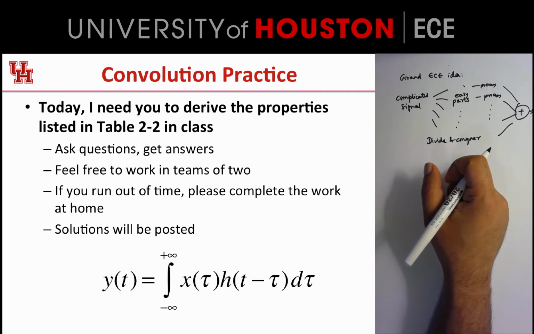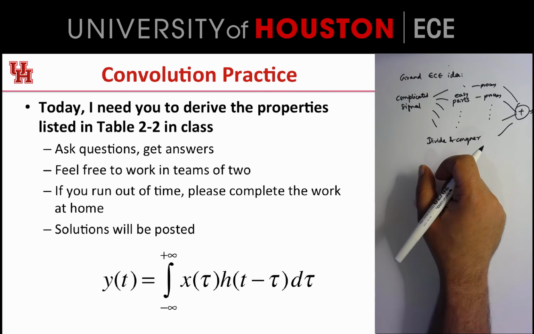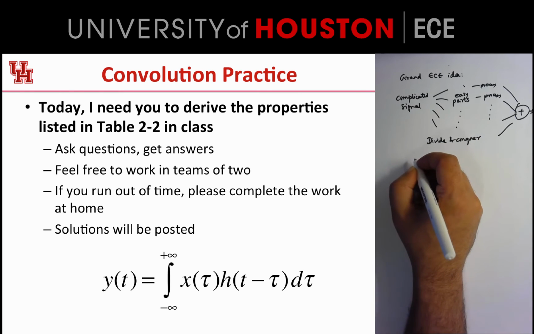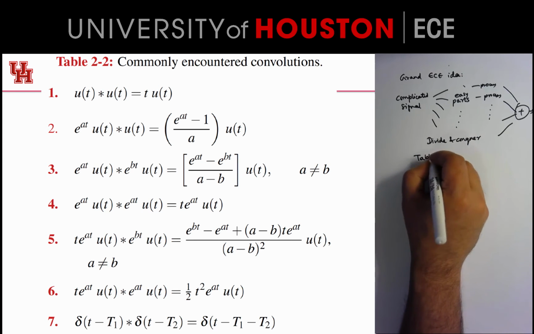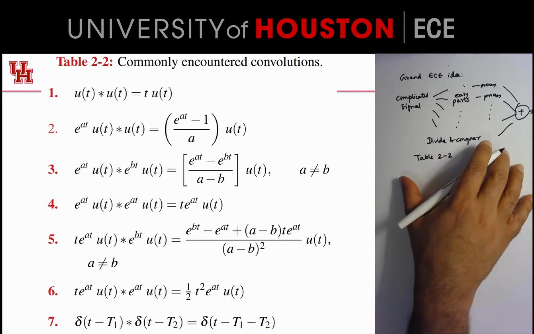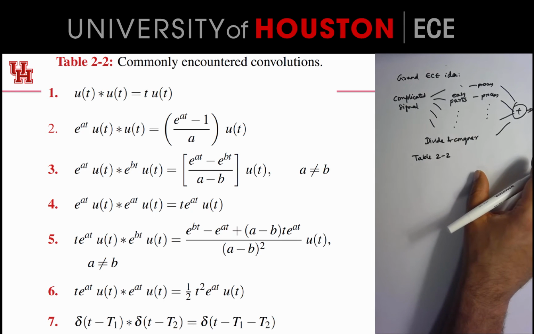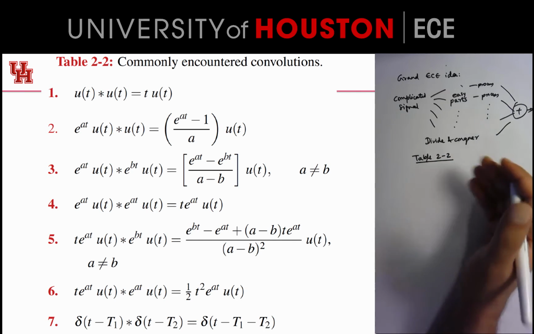Okay, our next job is to do a little bit of convolution practice. One of the things I wanted you to do is to work through Table 2-2 in your textbook. Table 2-2 has a bunch of properties, and we want to work through them so that you understand convolution and the mechanics of how to do it.